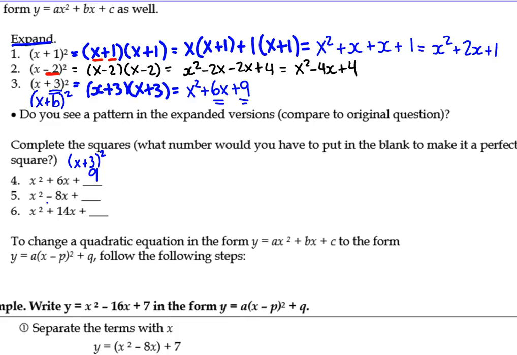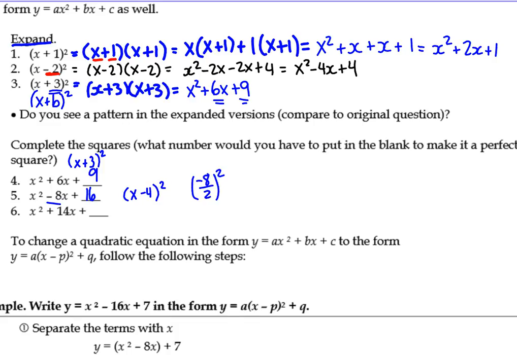The next guy, what would it have to be to be a perfect square? Divided by 2 gives you minus 4. It would have to be x minus 4 times x minus 4, giving you the last term as what? 16. So divide it by 2 and square it.